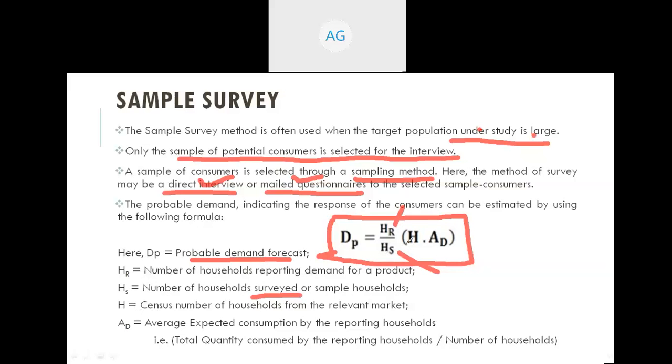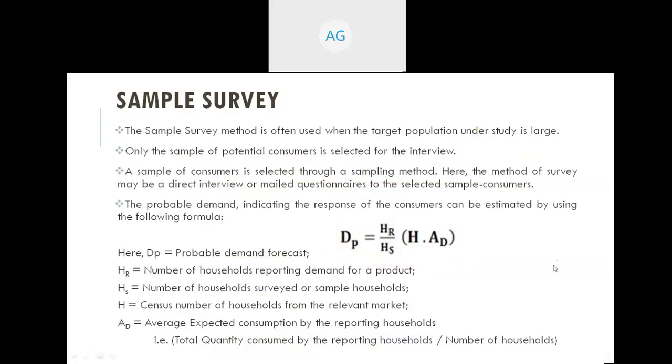Then H is the census number of households from the relevant market, and then AD is the average expected consumption by the reporting household. So AD can also be calculated as the total quantity consumed by the reporting households upon the number of households. So this is the formula for calculating the probable demand by using the sample survey. You just need to remember this formula while answering this question.